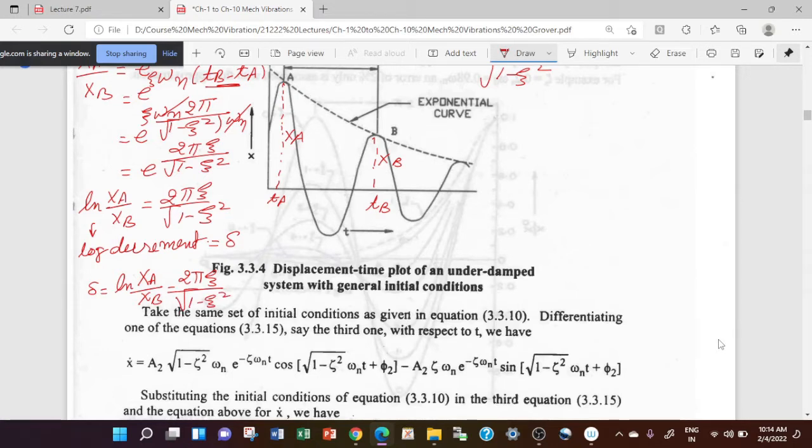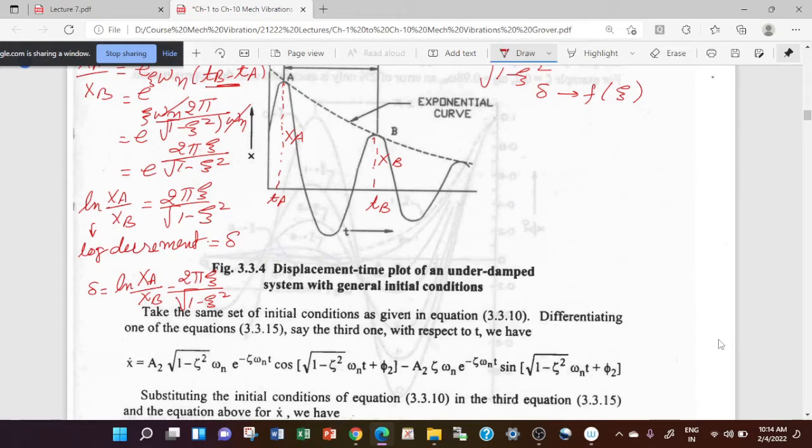This is the ratio of two successive cycle amplitudes. Your delta is a function of zeta only, and nothing else defines this delta. So this is your decrement on log scale.